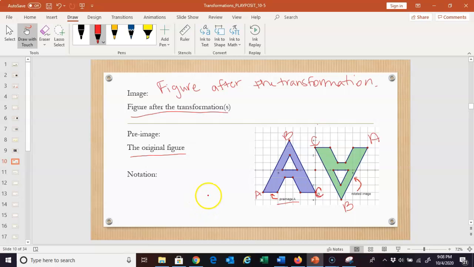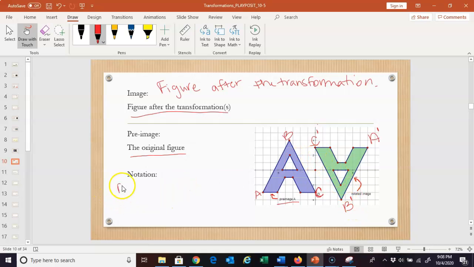But there we go. So with the rotated image, that's the image after the transformation, you want to mark that differently. We use these little tick marks, and they're called primes. So we say A prime, B prime, C prime.